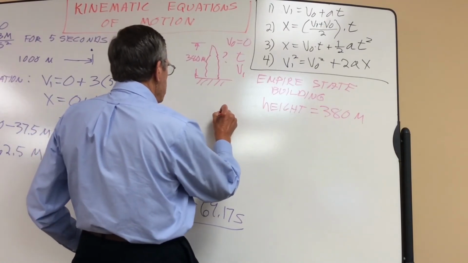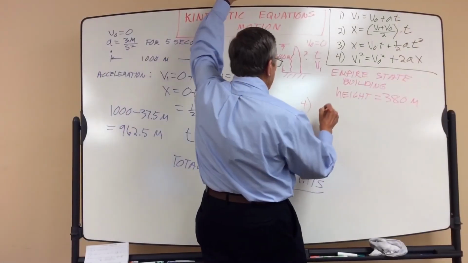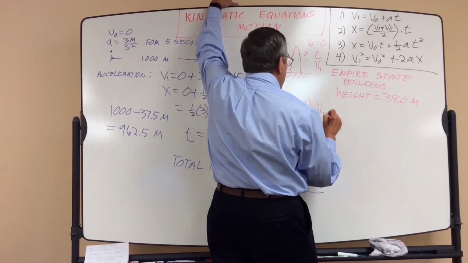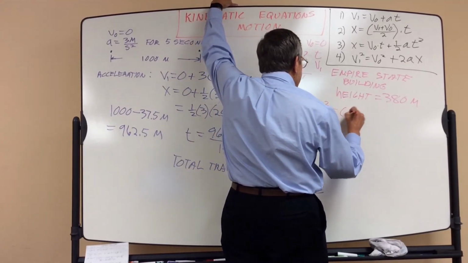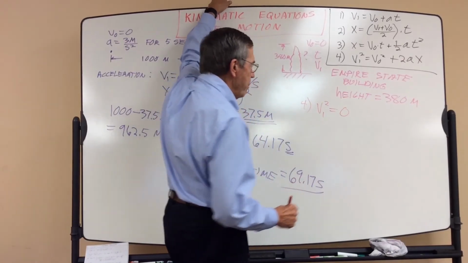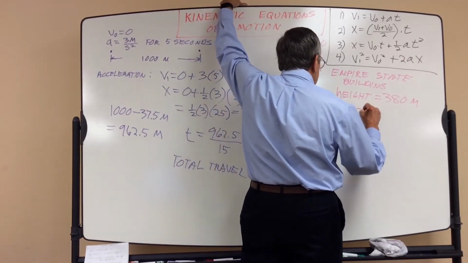We'll say, using the fourth equation, v1, final velocity squared, is going to be equal to 0, plus 2.